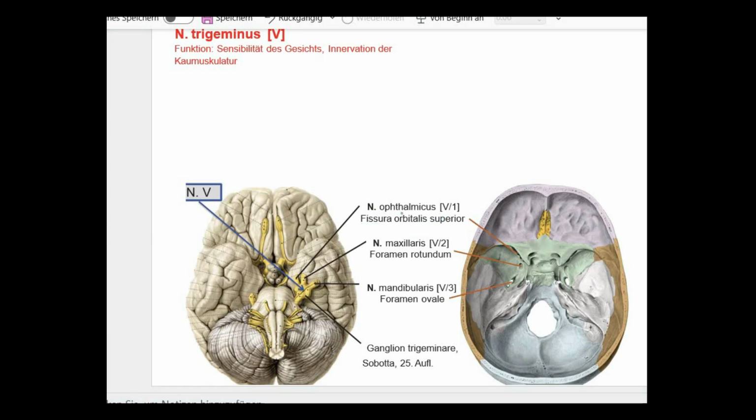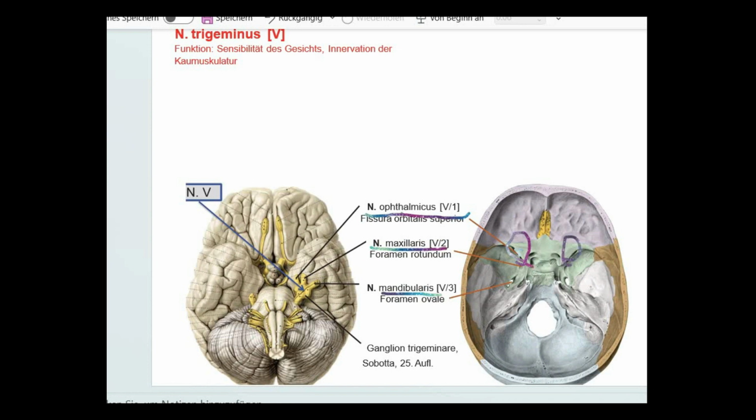Nerve number 5 is called the trigeminal nerve, and it consists of three main parts: the ophthalmic nerve, the maxillary nerve, and the mandibular nerve. The ophthalmic nerve goes through the superior orbital fissure like nerve number 3, the oculomotor, nerve number 4, the trochlear, and nerve number 6, the abducens.